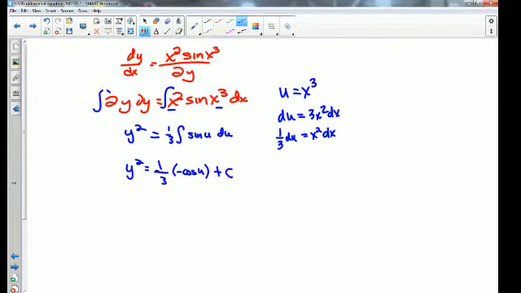Plus C. No, we need to put x cubed back in, right? Square root of that whole thing. And then don't forget your plus or negative.